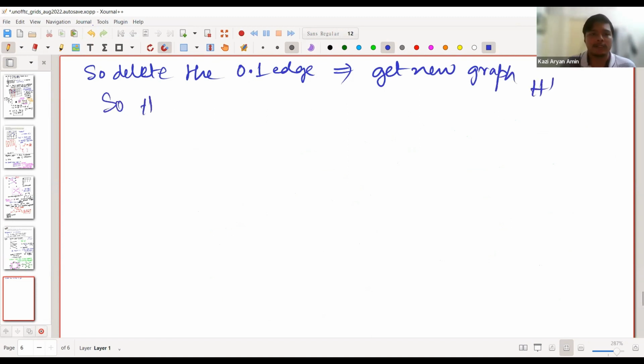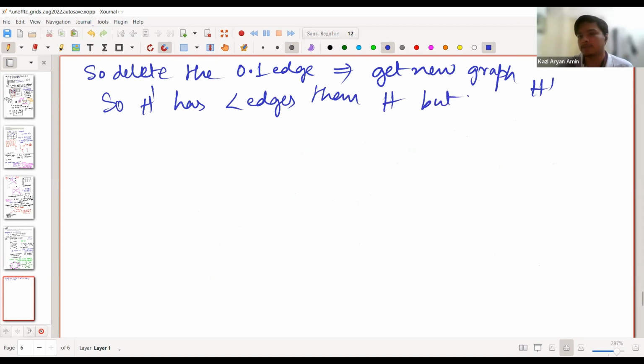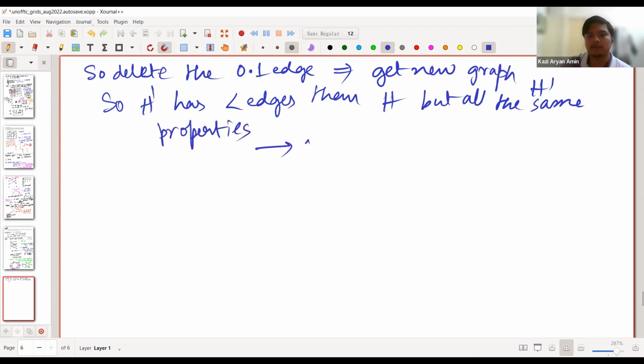H dash has fewer edges than H, but all the same properties. By all the same properties, I mean that this graph also has an even cycle, and we can do the same operation on that even cycle as well. So we can just induct down on the number of edges.